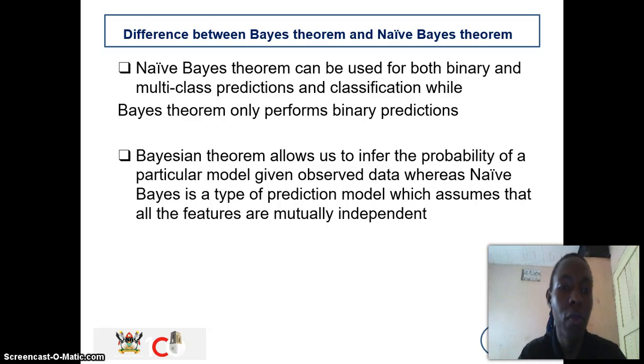But in Naive Bayes, we can use it to predict multi-class predictions given other multi-class predictions. We also say Bayes' theorem allows us to infer the probability of a particular model given observed data, whereas Naive Bayes is a type of prediction model which assumes that all features are mutually independent.